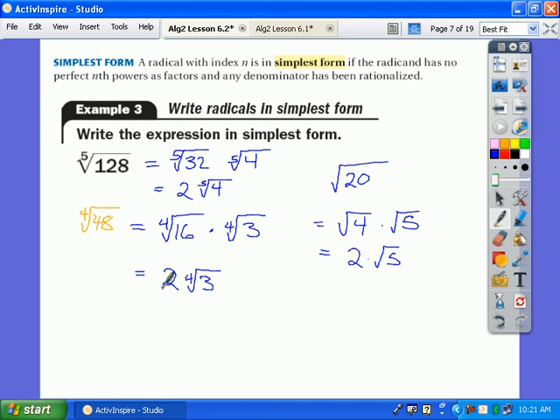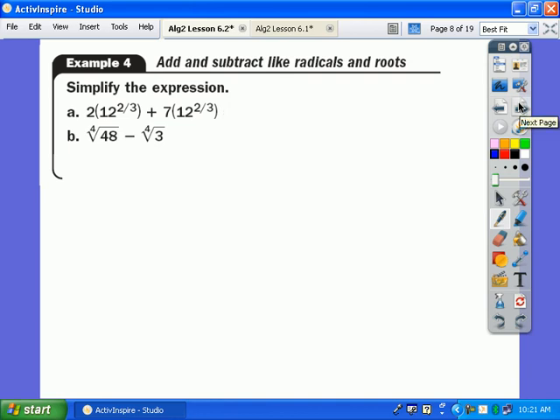All right, this now builds. We're going to take this idea and build on it. I want you to remember that the fourth root of 48 is 2 times the fourth root of 3, because we're going to do this problem in Part B, and I'm going to modify it a little.